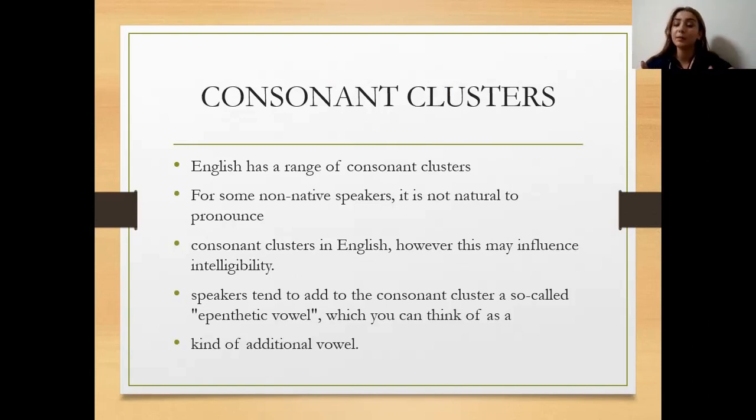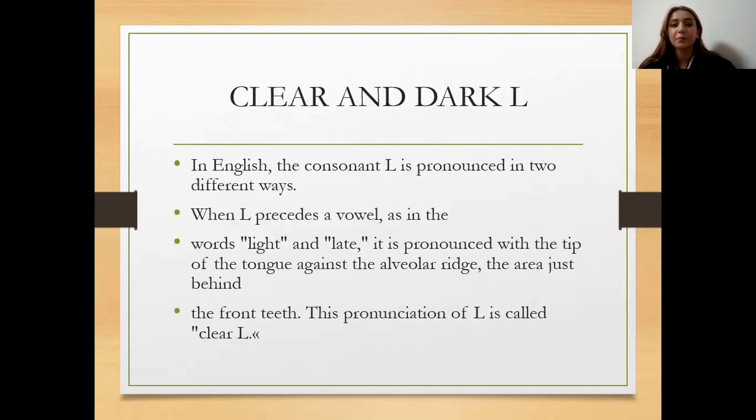What is important in pronunciation is basically intelligibility, so it's an important point. And speakers tend to add a so-called epenthetic vowel to the consonant clusters, which you can think of as a kind of additional vowel at the end.